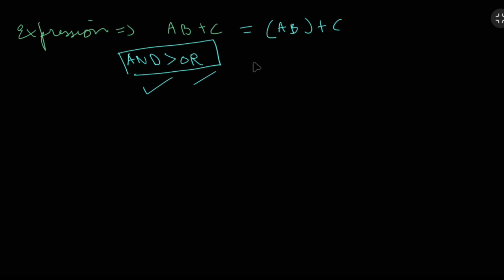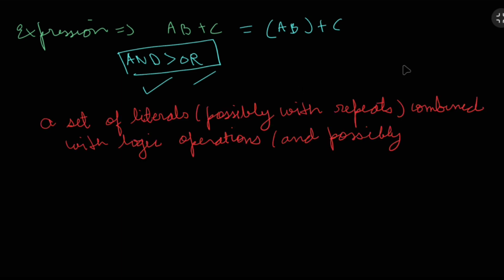So all of these are expressions. Expression means anything you can write. In a state literals, you can combine it with logic operations and you will get the possible expressions. Now what is equation?